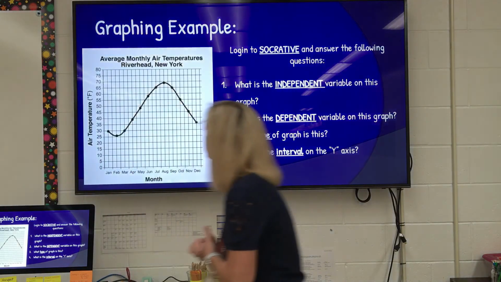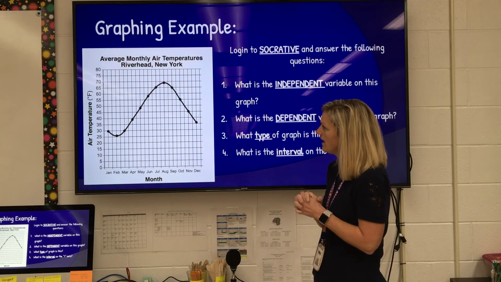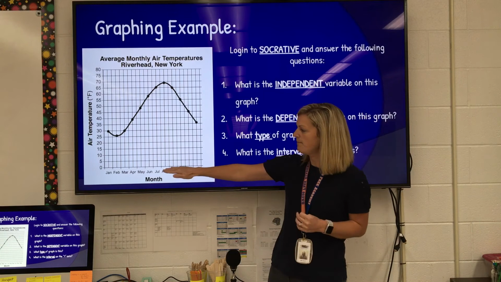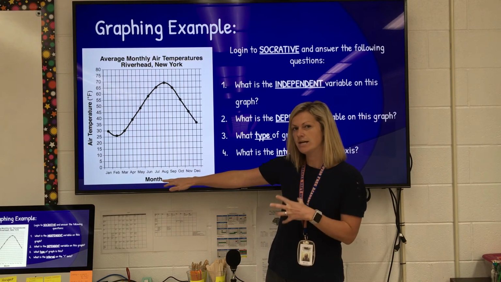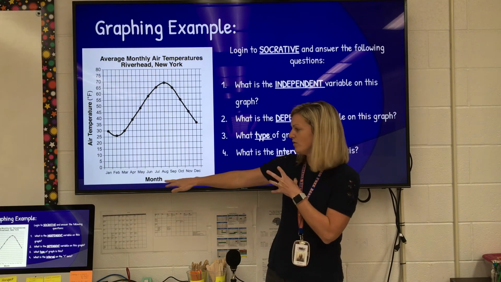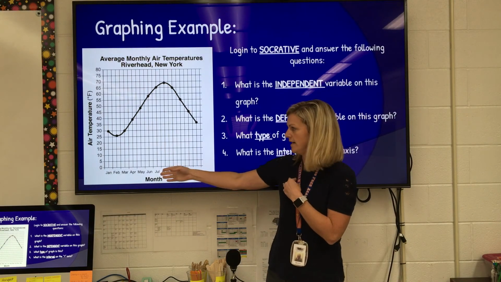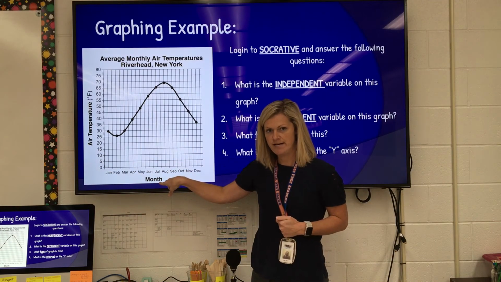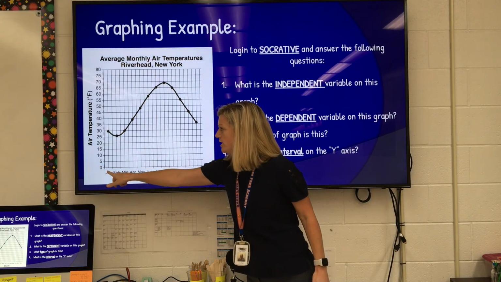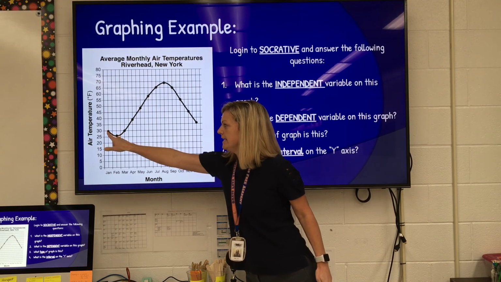So let's take a quick look at this graph, okay? This is our x-axis at the bottom, and the variable is months, okay? This is our independent variable. Months do their own thing. They just continue to go on, right? Temperature is dependent upon the month here, right? It's plotted on the y-axis. So in January, this temperature is 30.